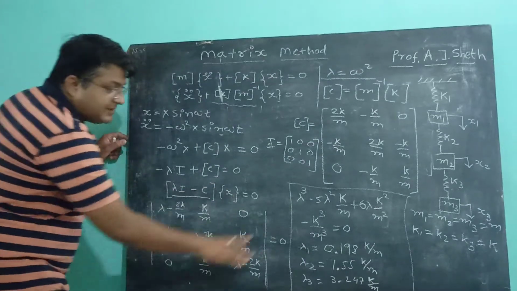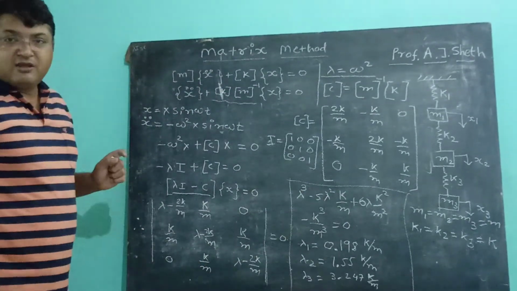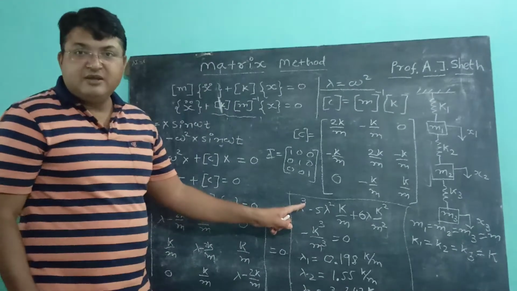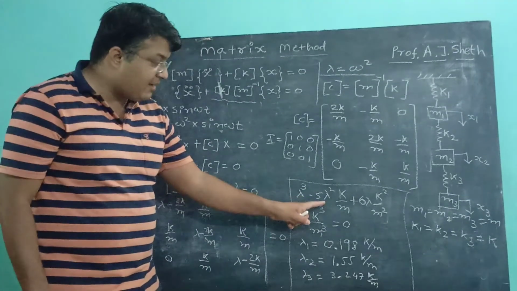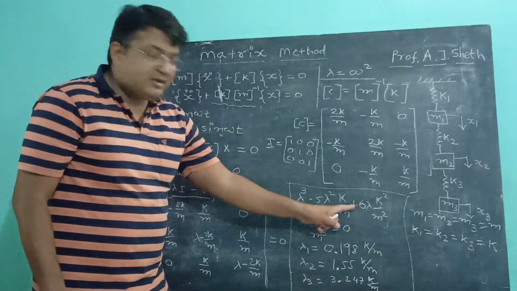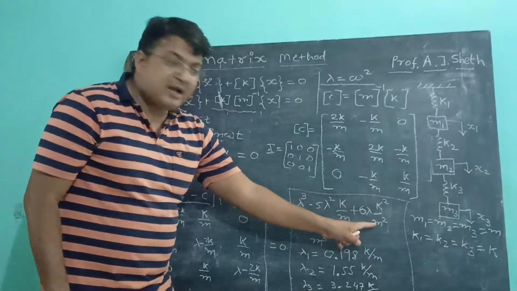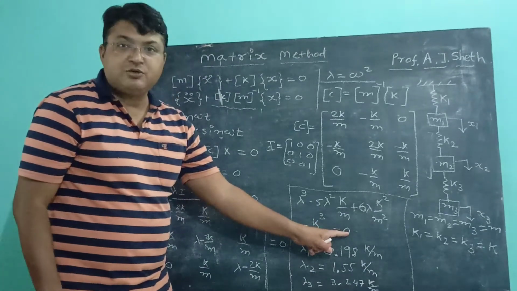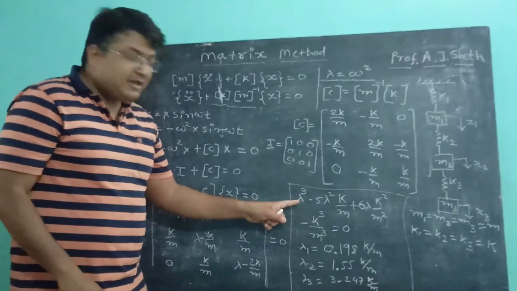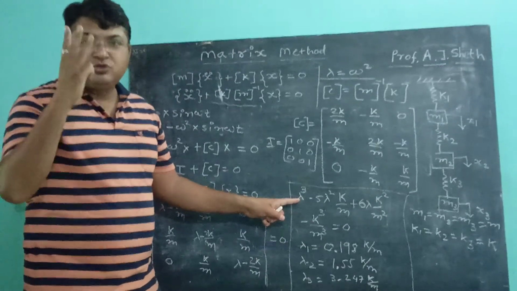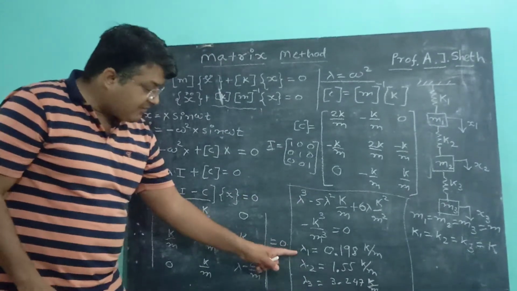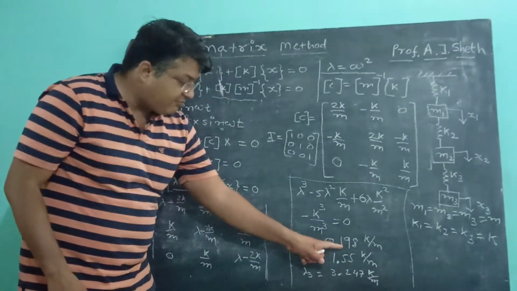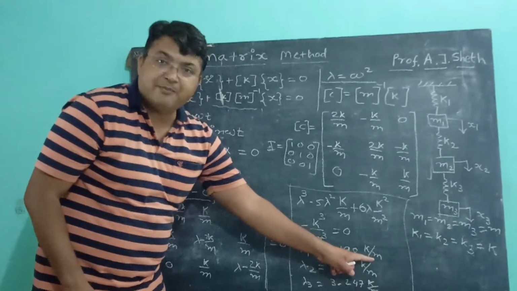When we solve this, we get an equation where lambda is having power 3: lambda cube minus 5 lambda square k by m plus 6 lambda k square by m square minus k cube by m cube is equal to 0. As lambda is having power 3, there are 3 solutions, lambda 1, lambda 2, lambda 3. Lambda 1 is 0.198 k by m.